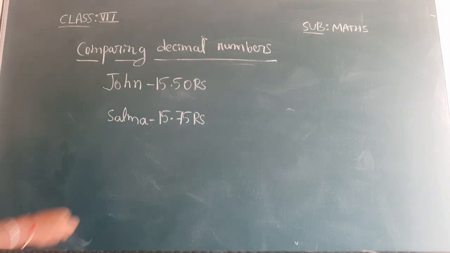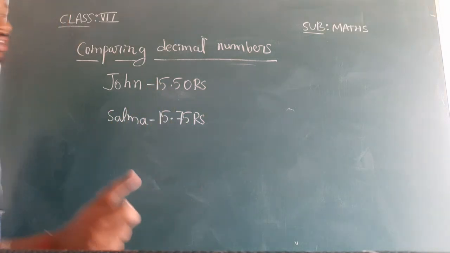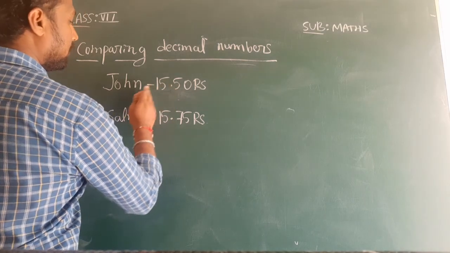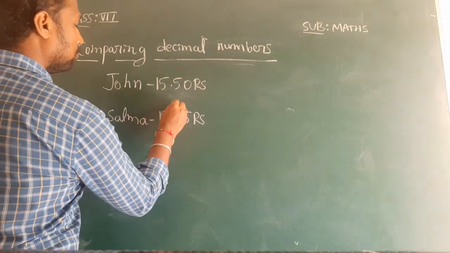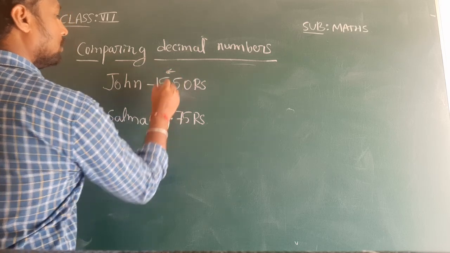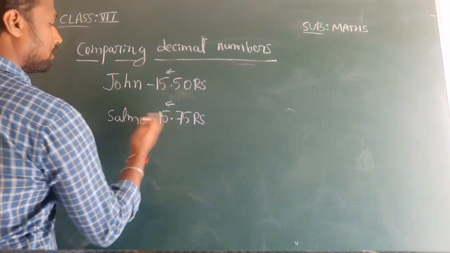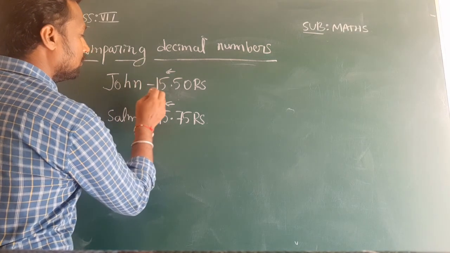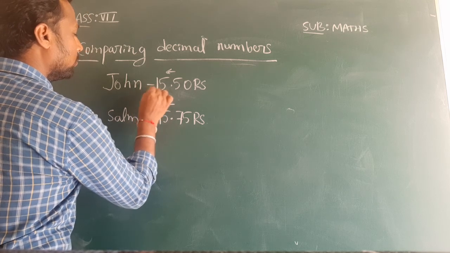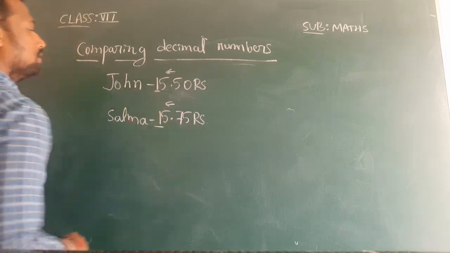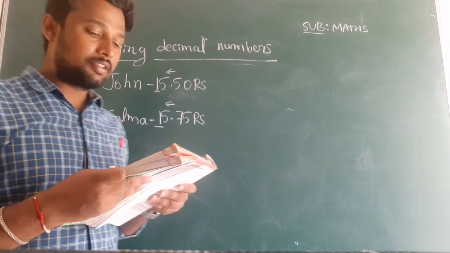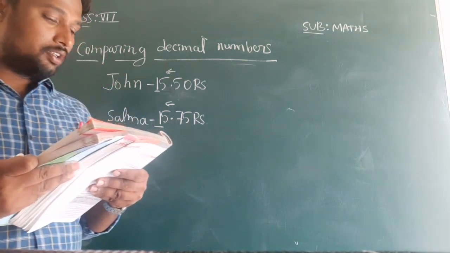The first step is to compare the left part of the decimal point. The leftmost digit is 1 here, and here also we have 1.